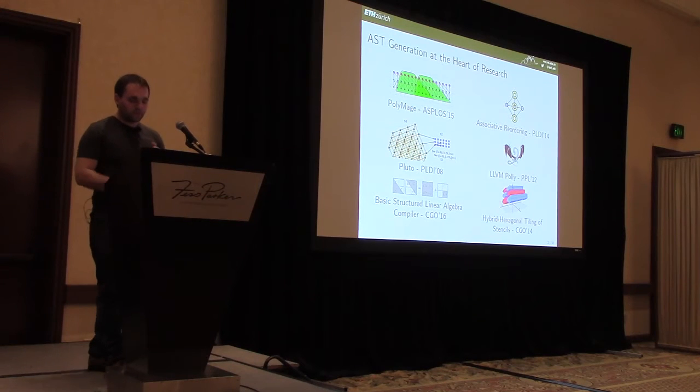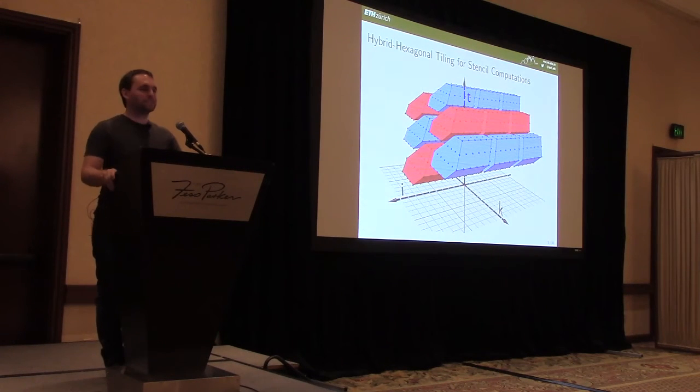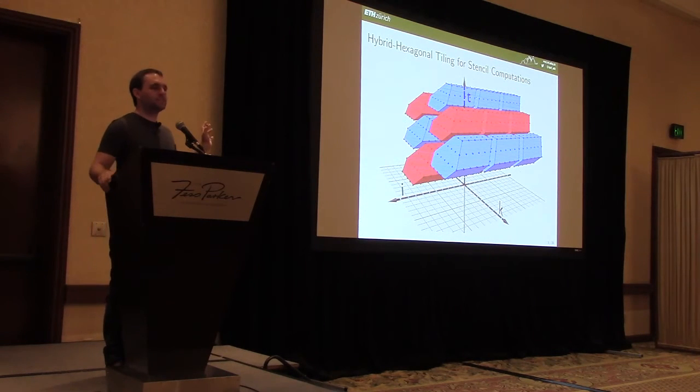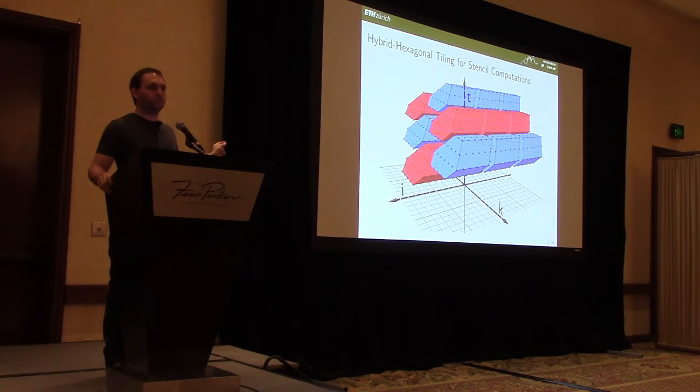Now let me wake you up with a picture and briefly explain hybrid hexagonal tiling. I know most of you know stencils and what tiling is, so probably all of you understand why this tiling scheme is very good for GPUs.